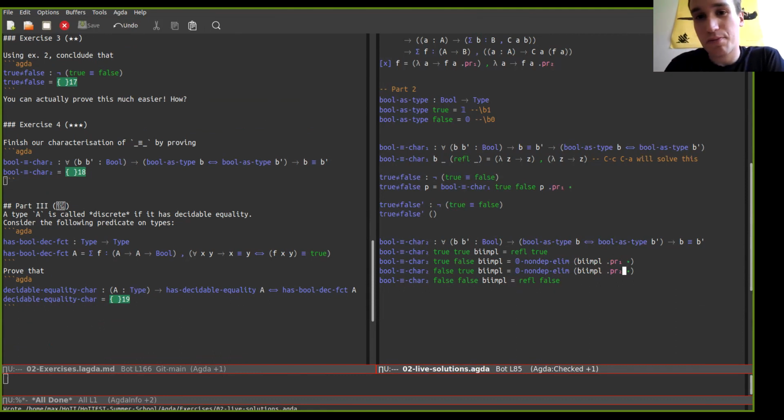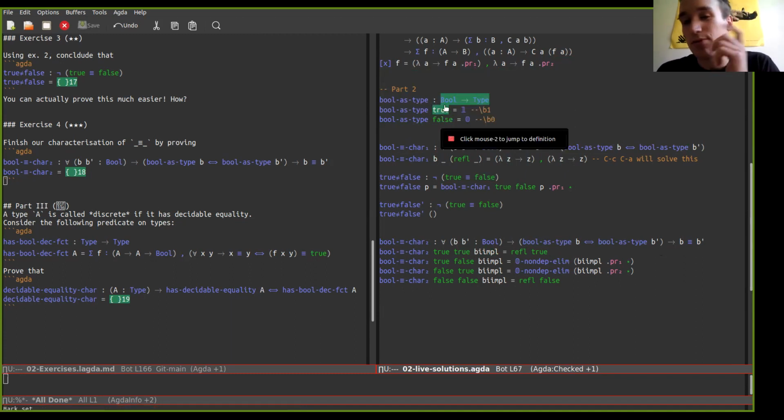Okay, so with both directions here, we have a way of rewriting equality of 2 booleans with our family Boole's type. Maybe this is not too surprising, but this is a strategy that works for more complicated proofs as well: you describe elements by a type family, or you may call it a cover, and then prove the characterization of identity types in terms of this type family.